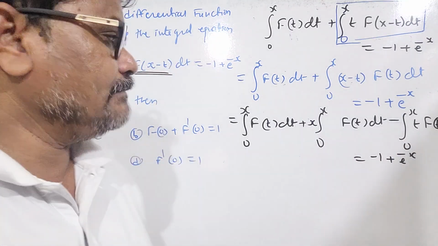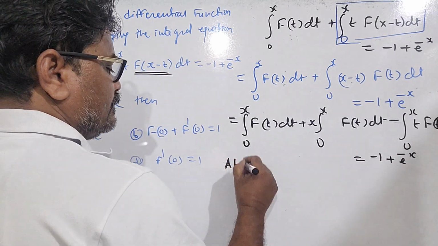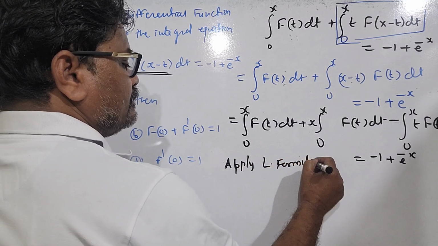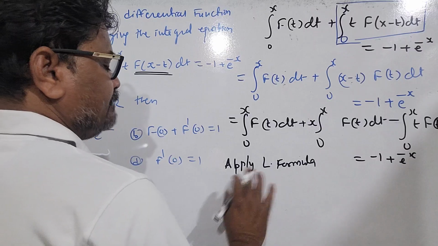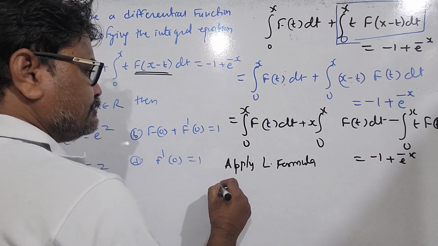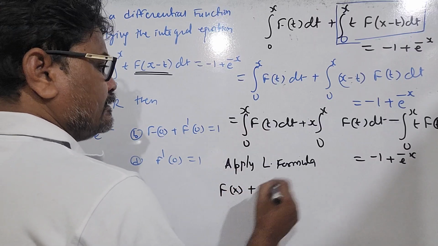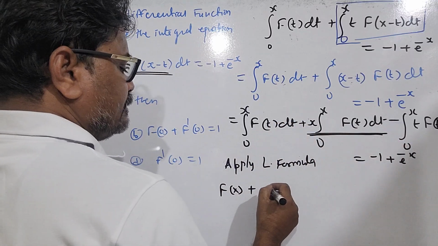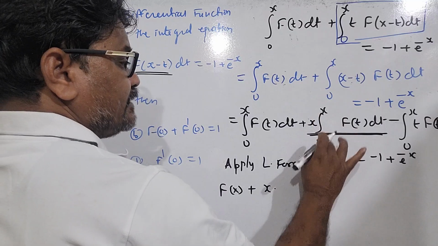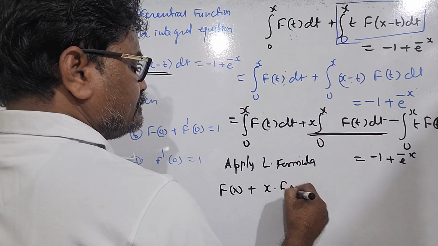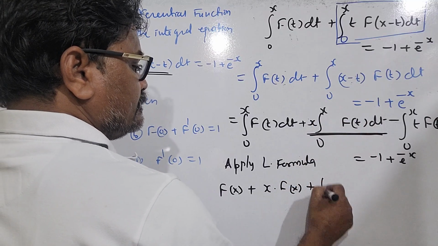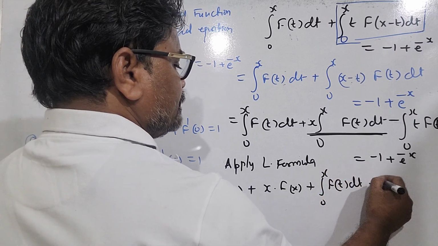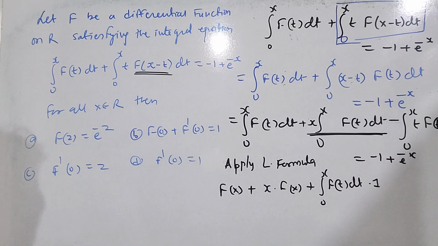Now I can apply the Leibniz formula. So we will differentiate, then what will this become? This becomes f of x. Here we will apply the product rule, that is x into the differentiation of this one, which is f(x), plus the integral from 0 to x of f(t) dt into the differentiation of x, that is equal to 1.